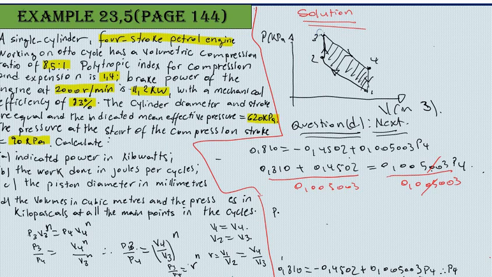So I have P4 is equal to 0.81 plus 0.4502 divided by 0.005003.